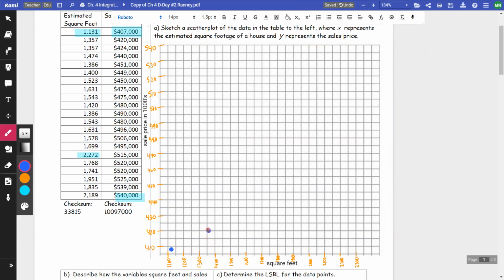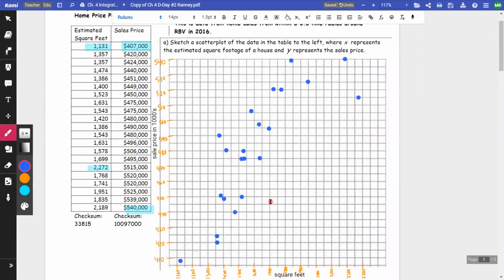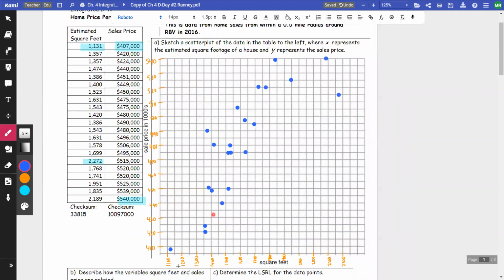And then the other one that's 424,000, so it's going to be just underneath this. And then I'm just going to plot the rest of them. So let me pause and plot the rest of them. So here's my finished graph. You can kind of see it here.